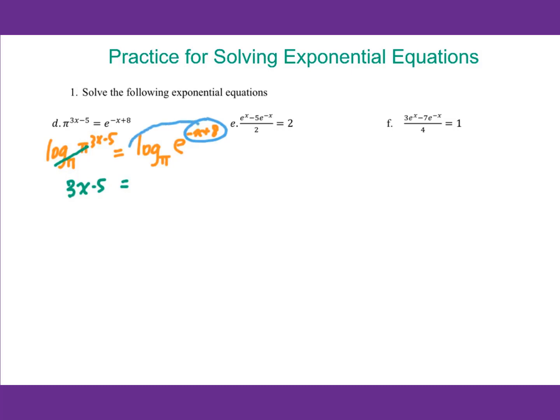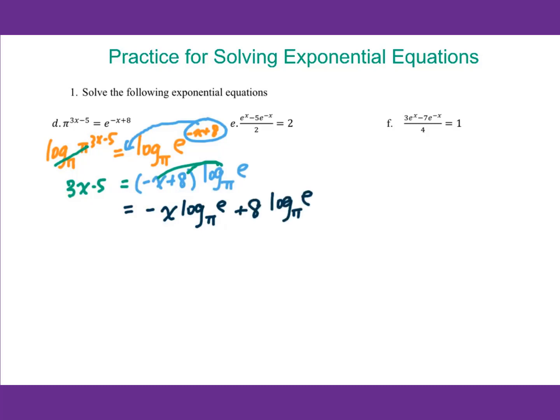Exponent, we need to drop down. We got negative x plus 8 times log base pi of e. Then we do the distributive property. You will get negative x log base pi of e plus 8 log base pi of e.